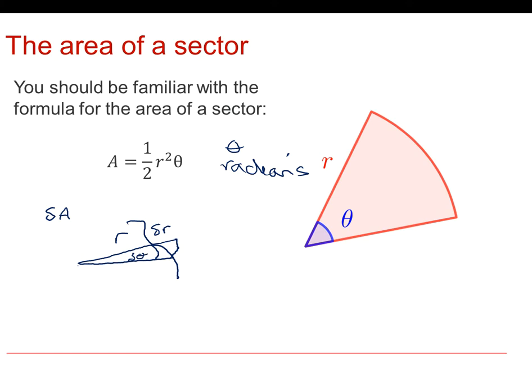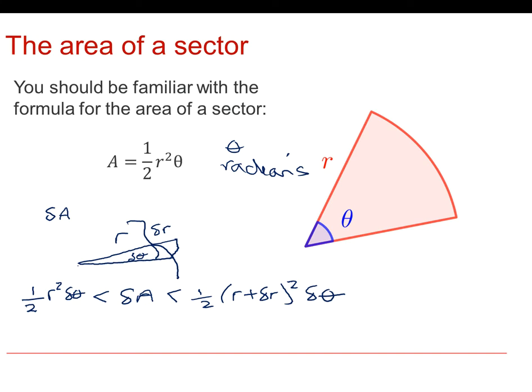So then we say that that small bit of area must lie between half r squared delta theta and a half of r plus delta r squared delta theta.